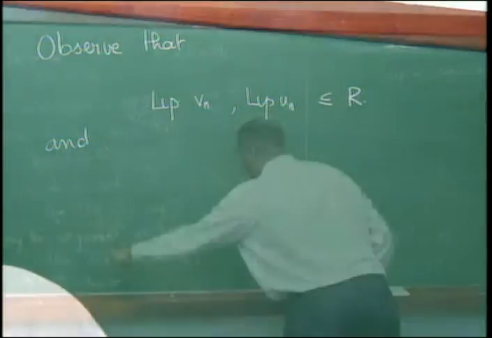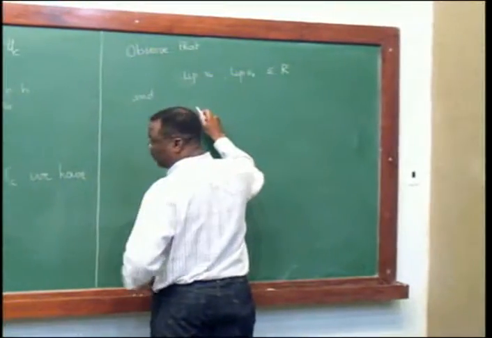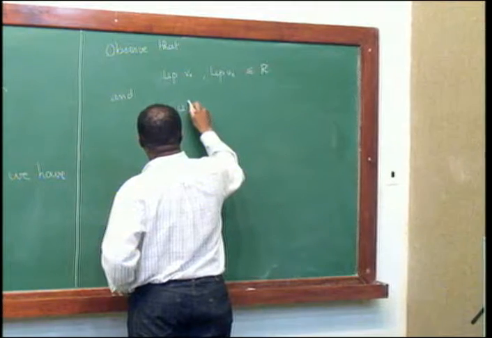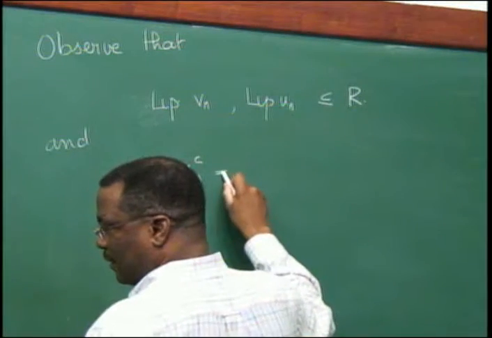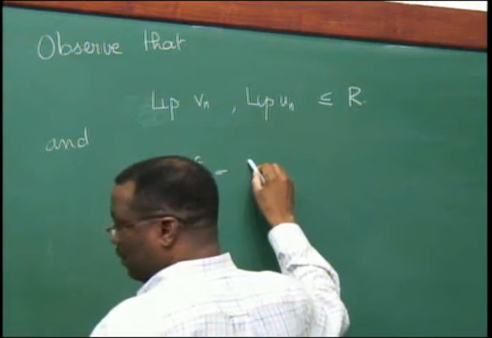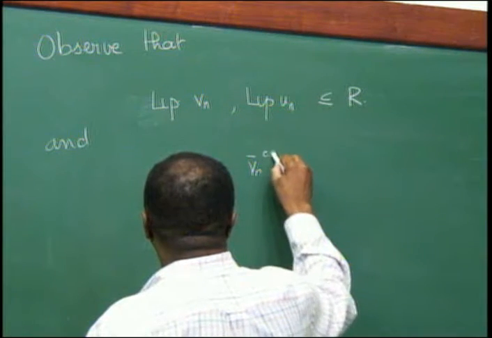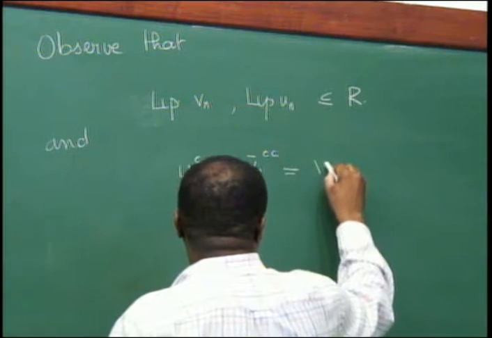So if I compute unc, this is v bar ncc, and so this is vn.